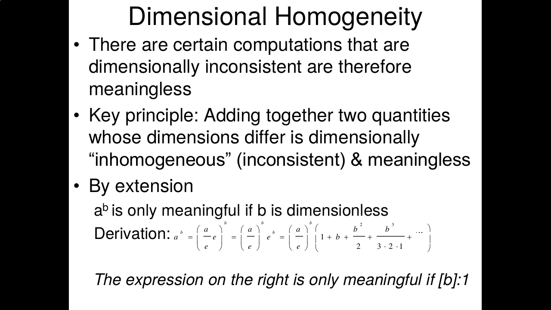And if x is not dimensionless, what does that mean about this? So suppose x is in persons. What's the problem? You're adding 1 to persons, and then to persons squared, to persons cubed.